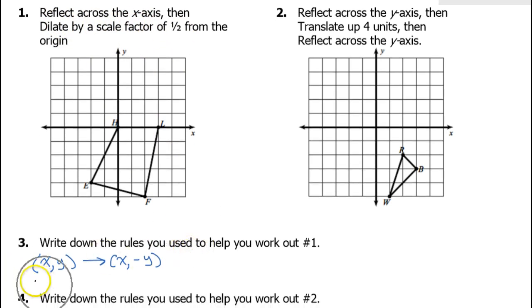When you dilate from the origin, all you do is multiply by the scale factor. So since the scale factor is 1/2, this will simply be (1/2 x, 1/2 y). So these are the 2 rules that we'll need to help us work out problem number 1.